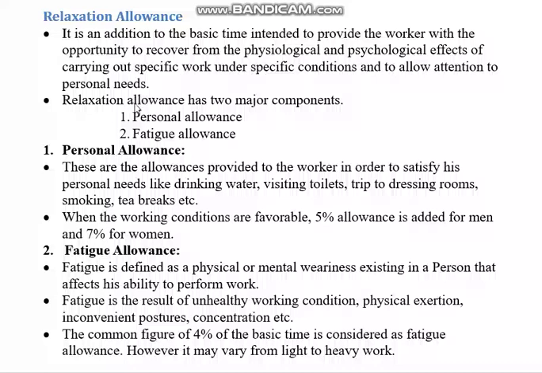The relaxation allowance has two major components: one is personal allowance, and the second is fatigue allowance. Under the personal allowance, time is provided to the worker for personal needs like drinking water, visiting toilets, trips to dressing rooms, smoking, tea breaks, etc. These are necessary for us as human beings. It wouldn't be required for a robot, but we are human beings.